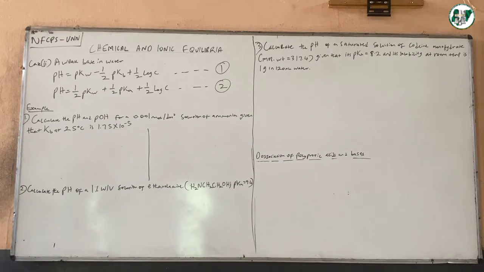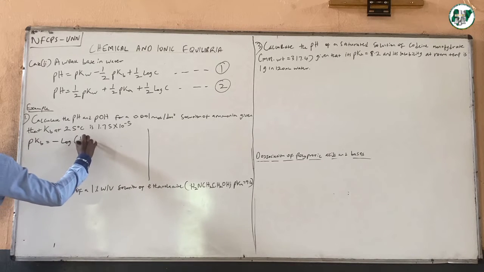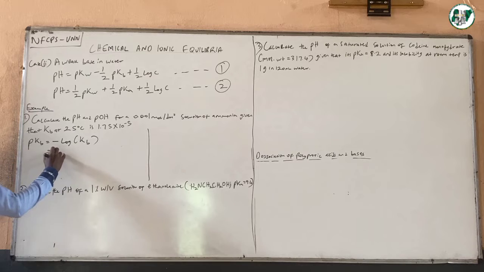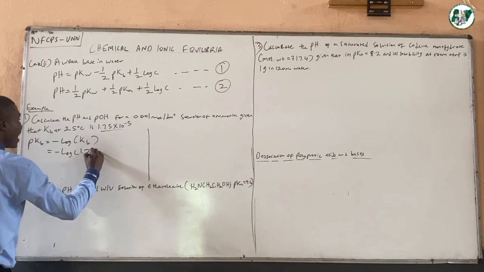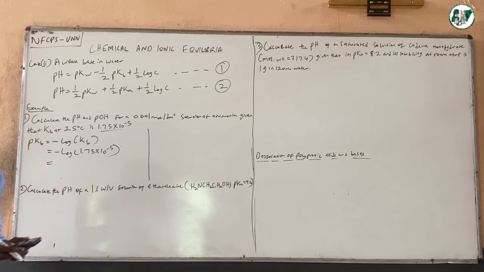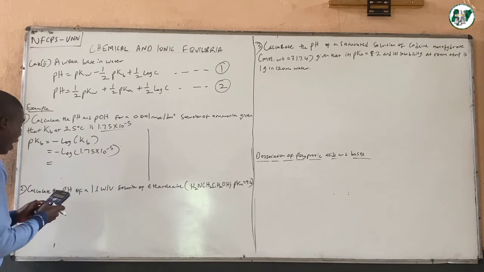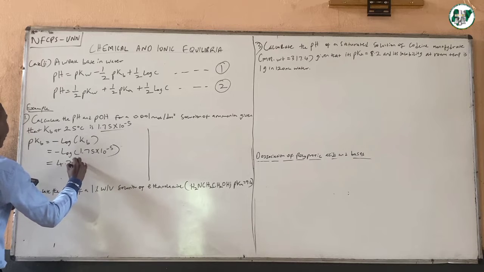So the first thing we'll solve for is pKb, so we can apply the formula. Our pKb is equal to negative logarithm of Kb. And what's our Kb? Minus log our Kb, according to the question, is 1.75 times 10 raised to the power of minus 5. So if you punch that into a scientific calculator that is well calibrated, we'll have minus log 1.75 times 10 raised to the power of minus 5, and that's going to give us 4.7569.